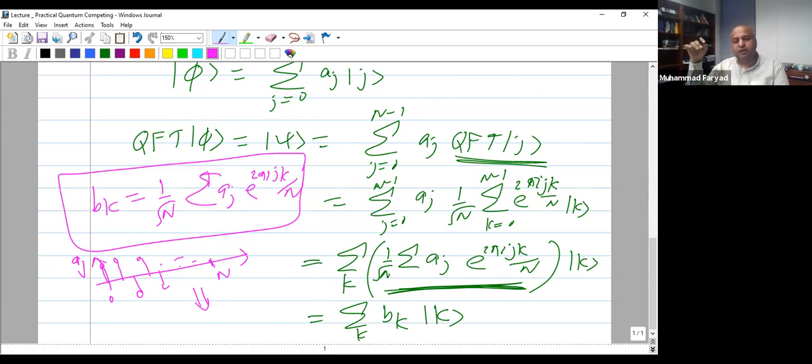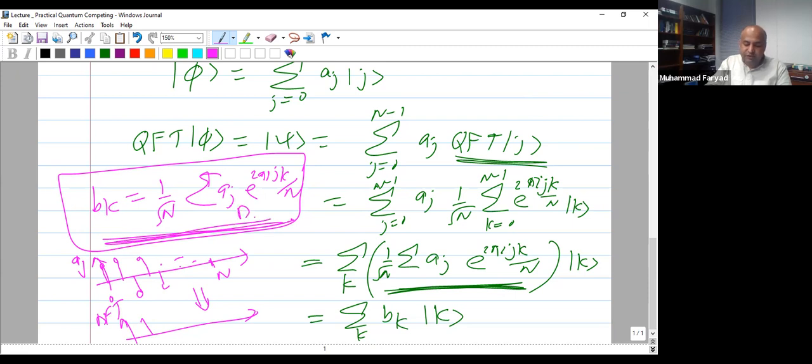But if you discretize that Fourier transform again, so you go from the discrete signal to the discrete signal, this DFT, the coefficients of this discretized function, they are exactly given by this expression. So this bk, this definition actually is the definition of the discrete Fourier transform.